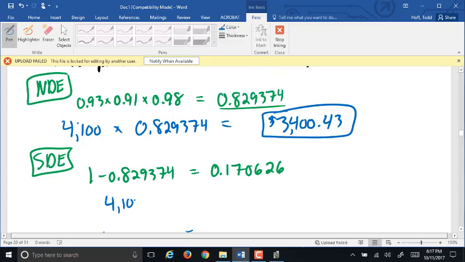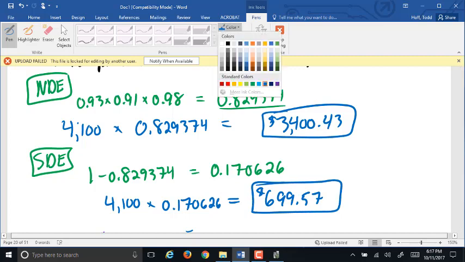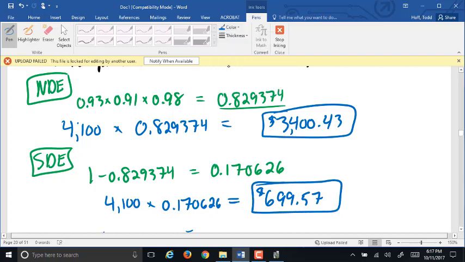So we can take our 4,100 times 0.170626, which should give us $699.57. How are we doing on that part? Is everybody okay with that?